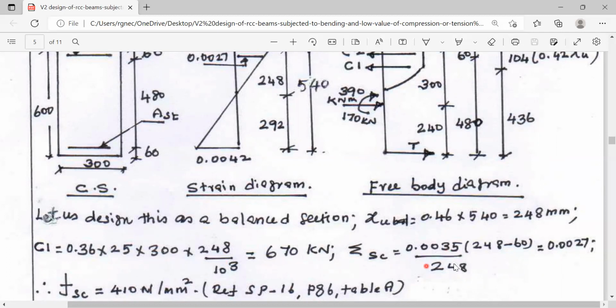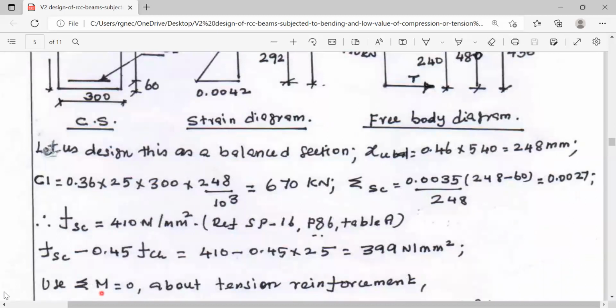Now, this is the stress strain in the compression reinforcement calculated by direct proportion. Corresponding to the strain value of 0.027, we get the stress in compression reinforcement as 410 N/mm square. This can be obtained from page 6 of SP16. Now, the concrete occupied by the reinforcement is already considered, so we have to avoid the duplication.